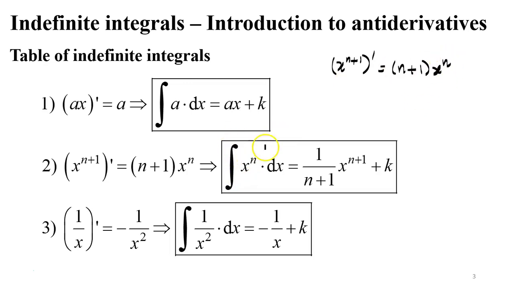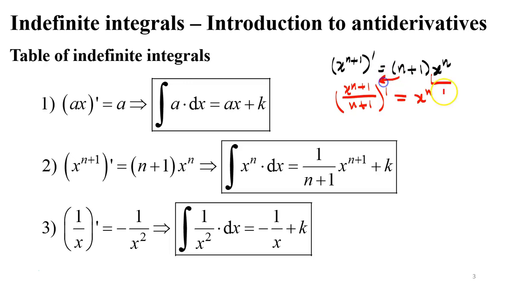So if I wanted to integrate x to the n, what I need to do here is isolate x to the n. So 1 over n plus 1 times x to the n plus 1, its derivative would be equal to x to the n.